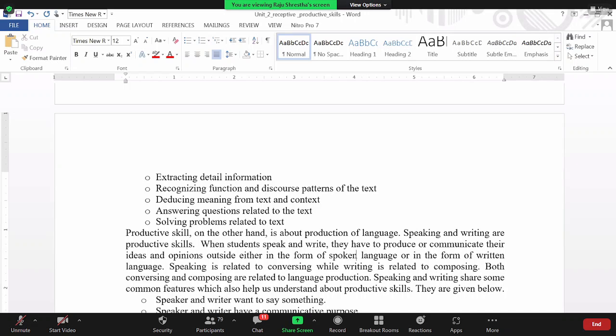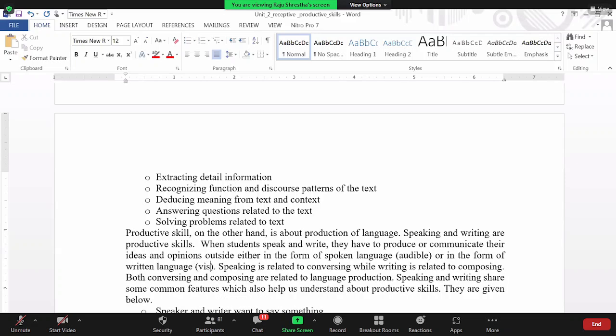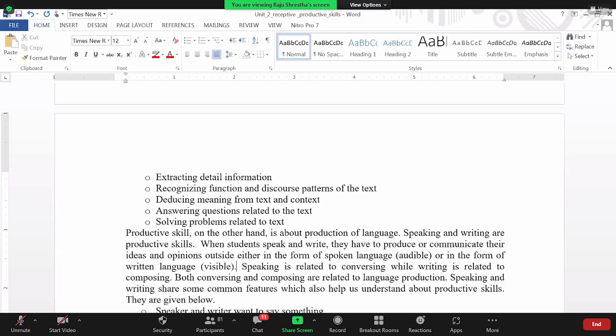Either in the form of spoken language this is what, audible हुन्छ सुनिन्छ, or in the form of written language this is what, visible, कि चाहिँ सुनिन्छ कि चाहिँ देखिन्छ. Visible so output will be what? Output चाहिँ के हुन्छ, either audible either visible this should be हैन.